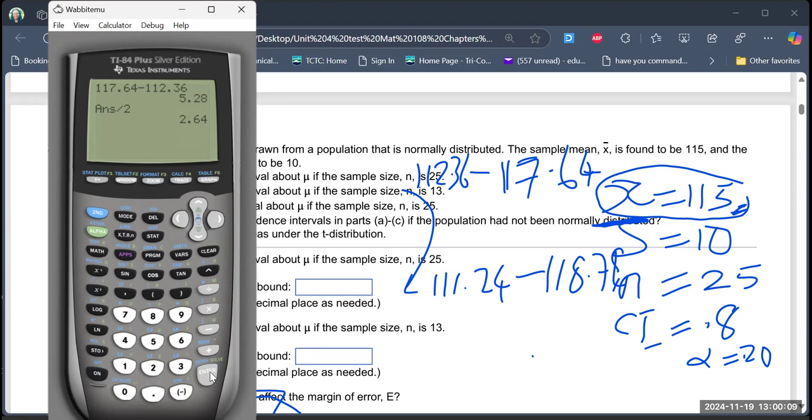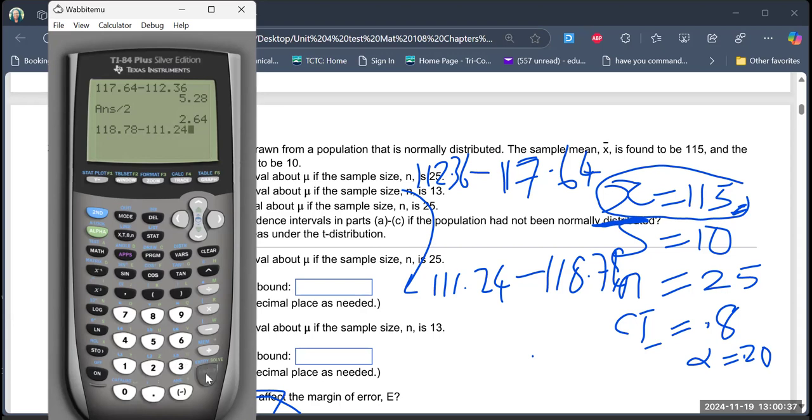Okay, so let's do that. The upper bound with a sample size of 13 is 118.78 minus 111.24.